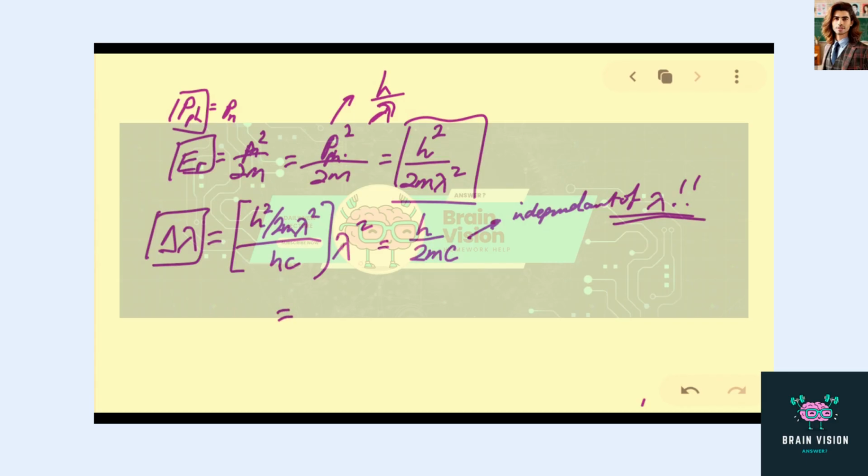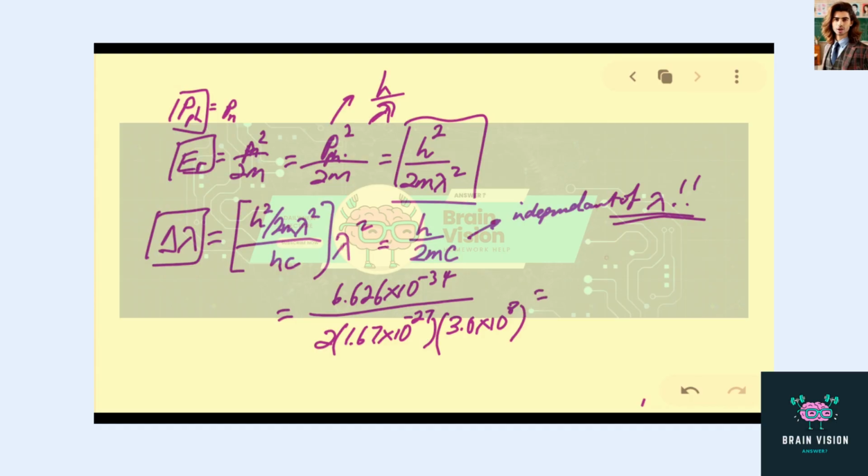So we just have to find this correction. We substitute in Planck's constant divided by 2 times the mass of the hydrogen nuclide, which is just the mass of the proton, times the speed of light, and we get 6.61 times 10 to the power minus 16 meters.